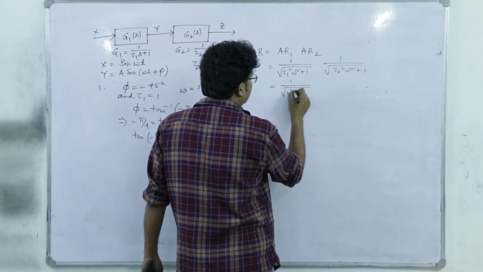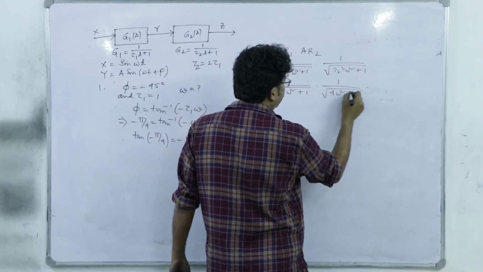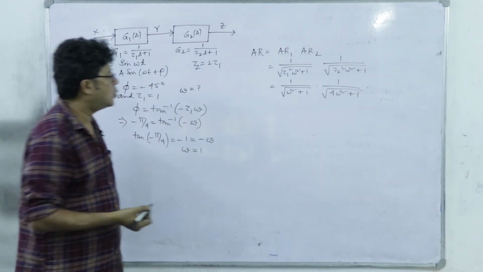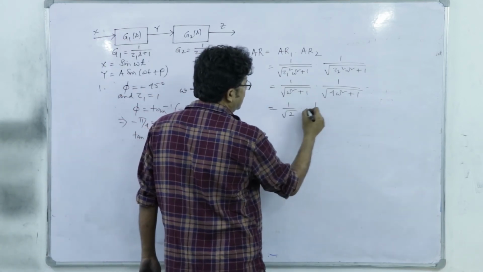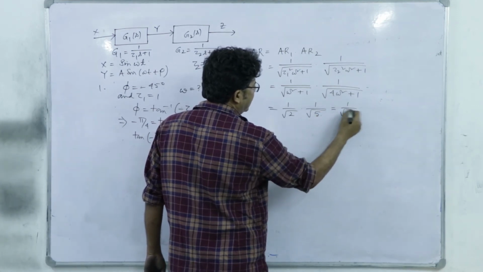So it is 1 divided by under root omega square plus 1 into under root 4 omega square plus 1. For the same input means omega equal to 1, so it is 1 by root 2 into 1 by root 5, right? So it is 1 by root 10.